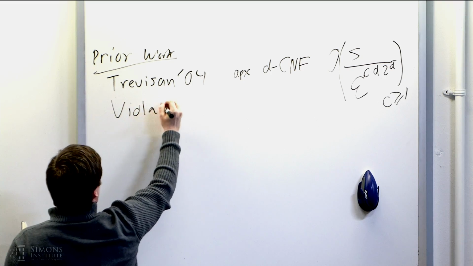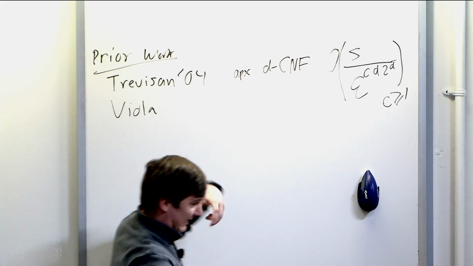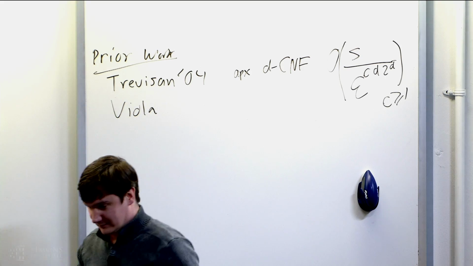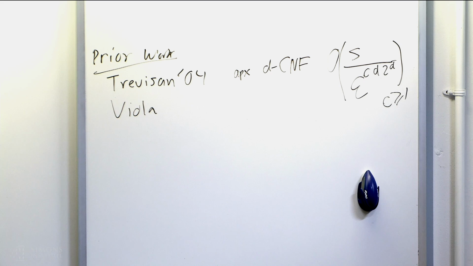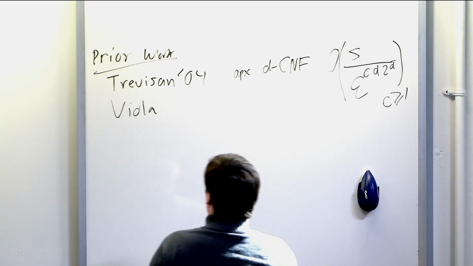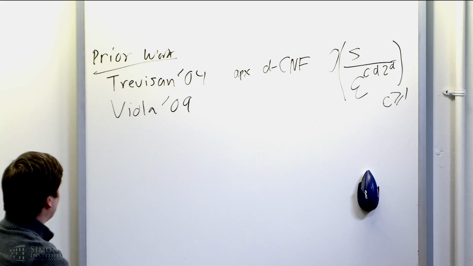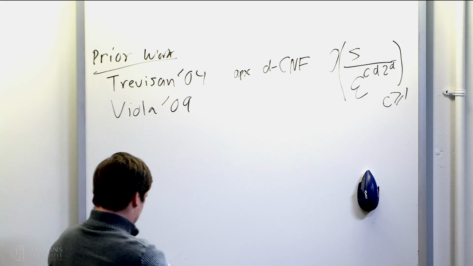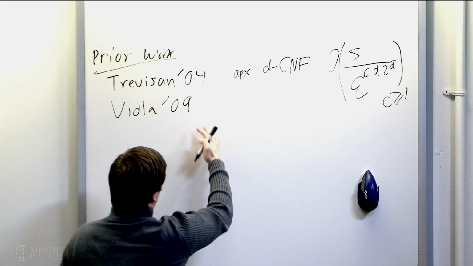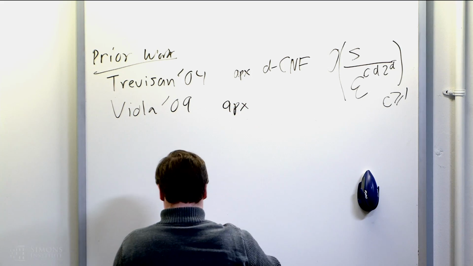And his is white box in the sense that it has to look at the CNF to get the right answer. And mine is also white box in the sense that it has to look at the system and determine what to do. There are some black box things. The best known to my knowledge is that of Viola, who gives a pseudorandom generator for fooling degree D polynomials.